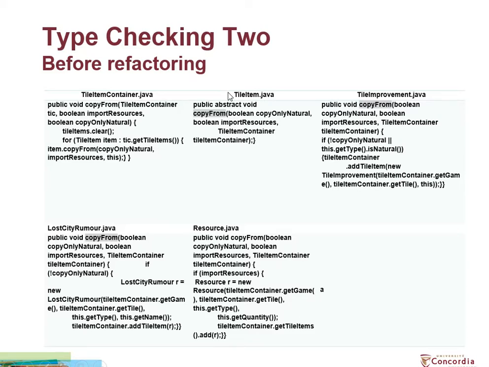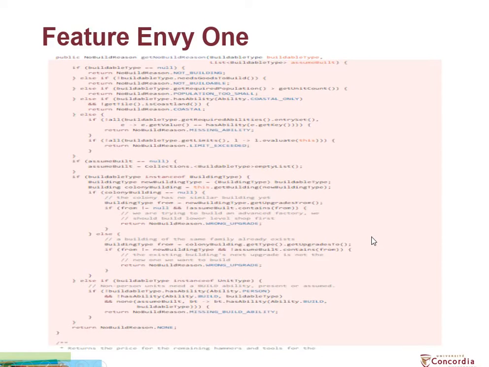As you see here, we have defined copy form as an abstract function in tile_item.java, and the other classes are inheriting this class and implement this method differently. So this is a kind of polymorphism and inheritance used here.